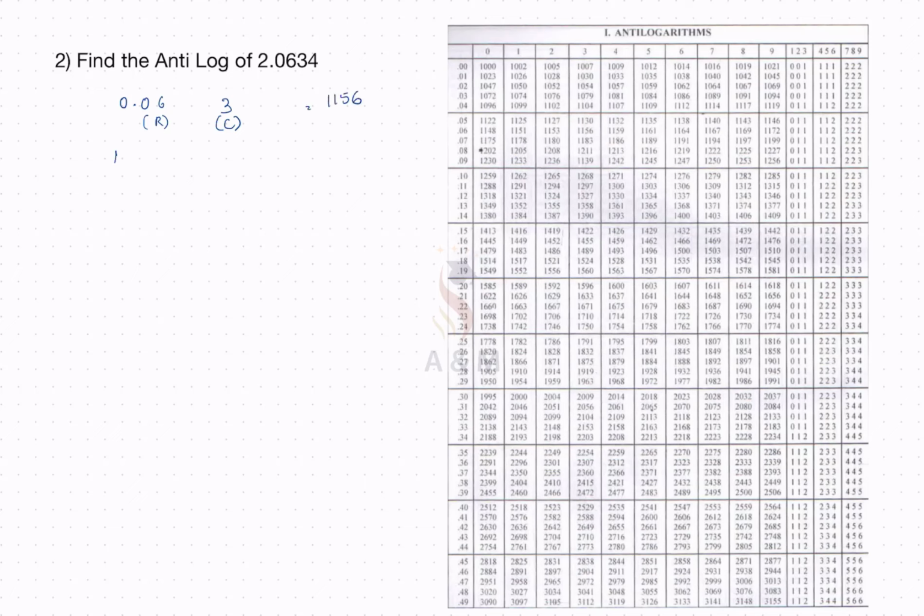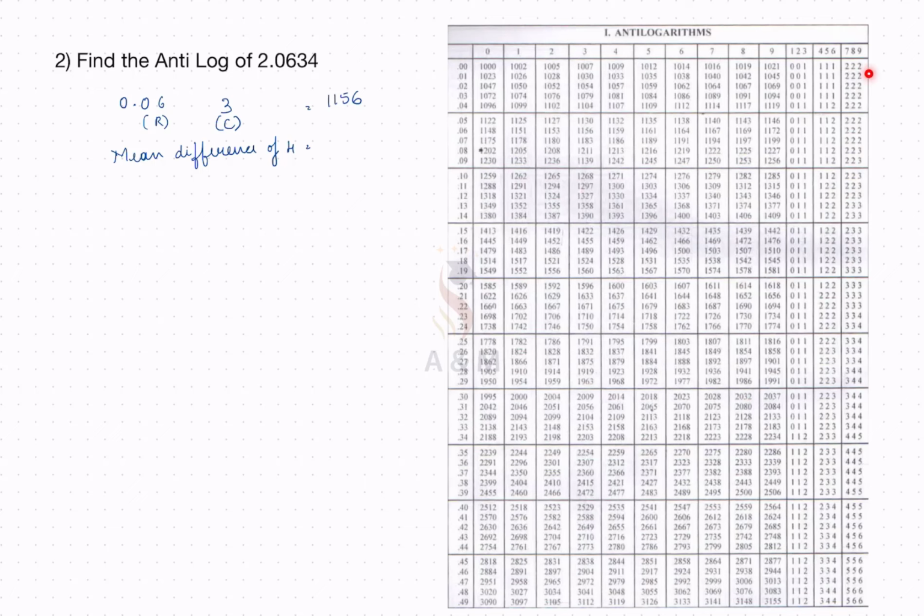Next is mean difference. Mean difference of 4. Okay, next one, 4. Here you have mean difference columns.